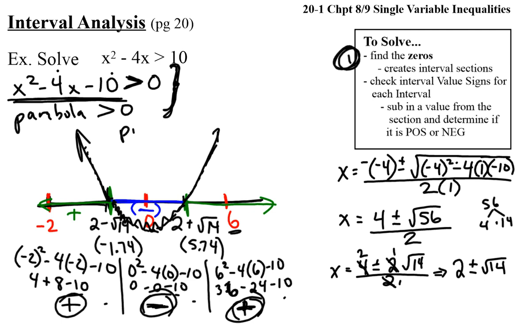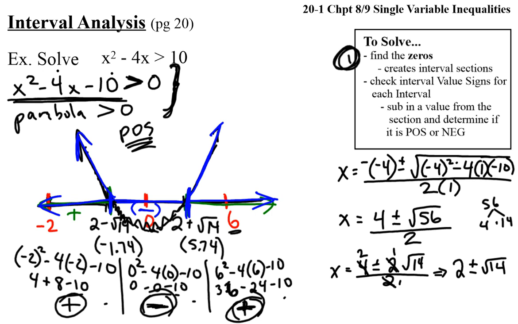So where is the parabola positive? Well, the parabola is positive from this value and down. The parabola is also positive from this value and up.